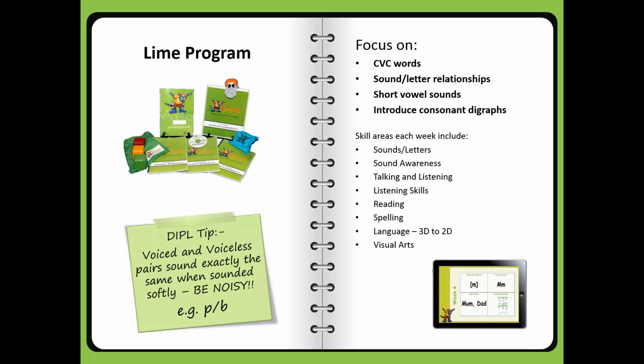The best indicators of success in reading and spelling for early years students is their understanding of short vowel sounds, so we want them to master these quickly and accurately. We also look at sound-letter relationship and consonant digraphs. All of these important knowledge bases are taught through different activities each day.